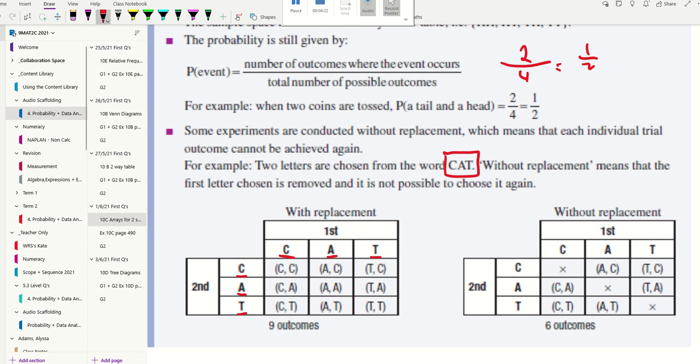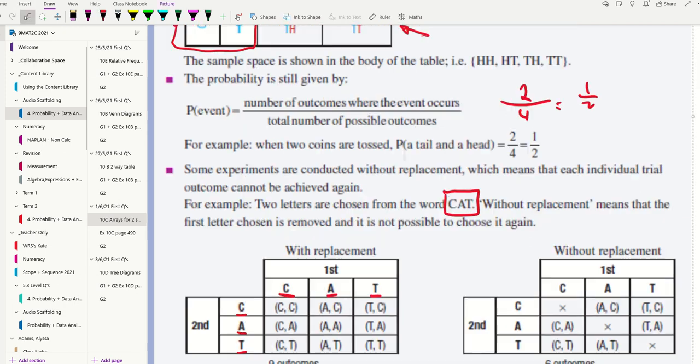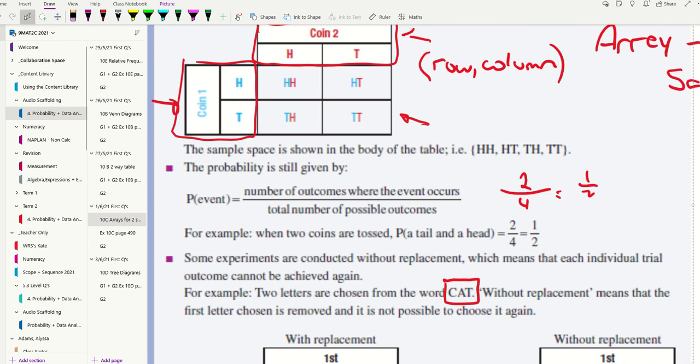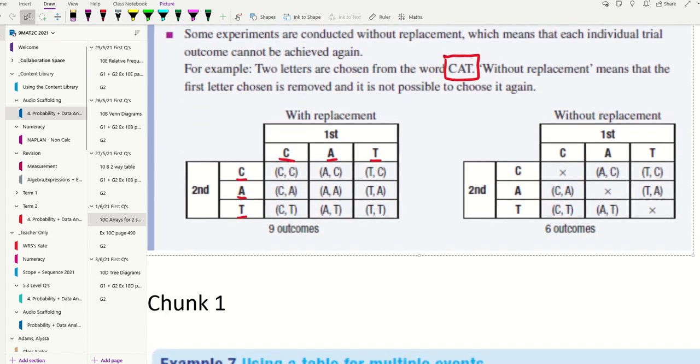And here, just to prove it's wrong, what they decided to do is put them the other way around, with replacement and without. When we list, they've decided to list the column first before the row.